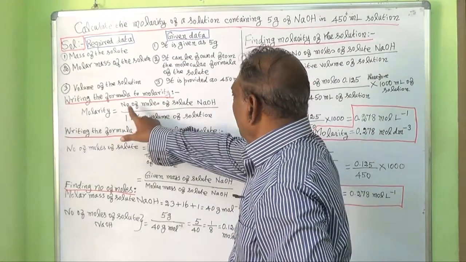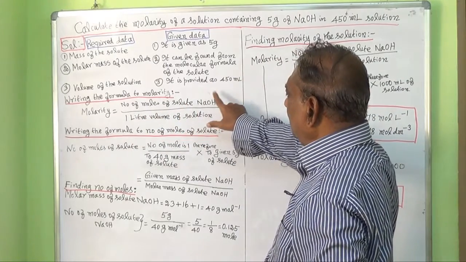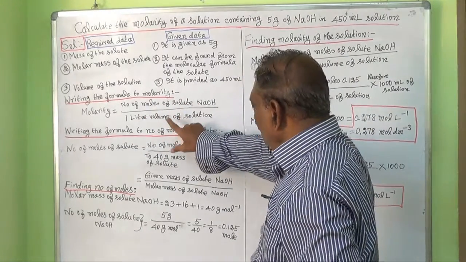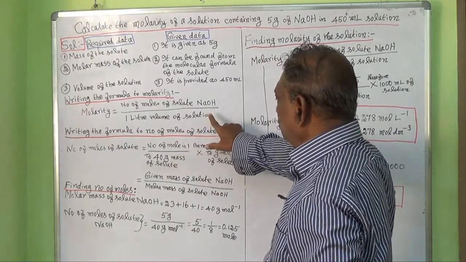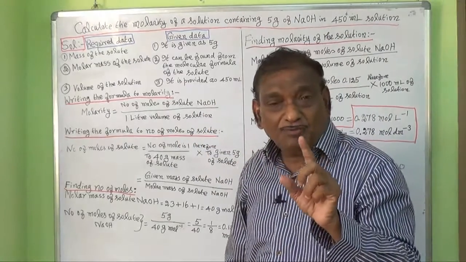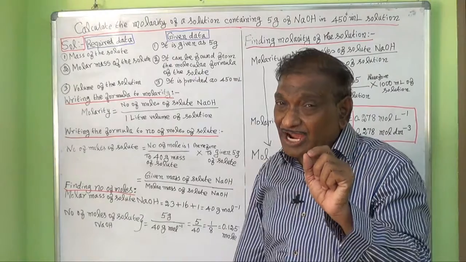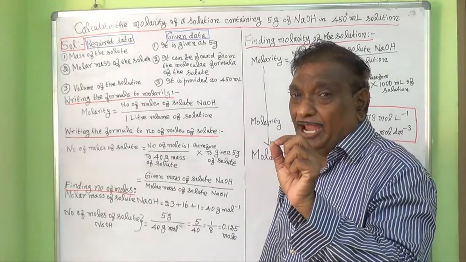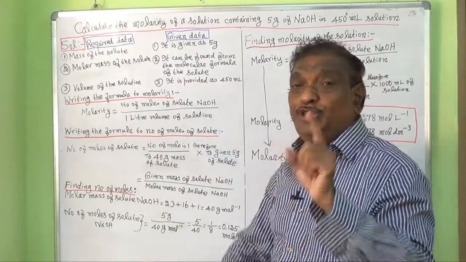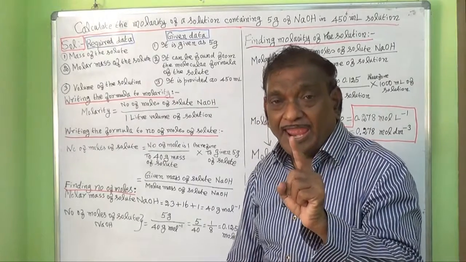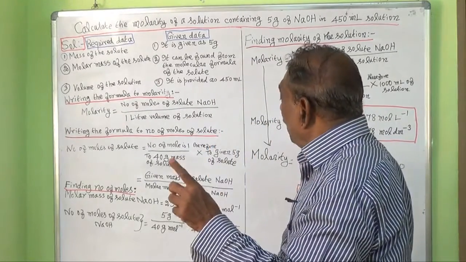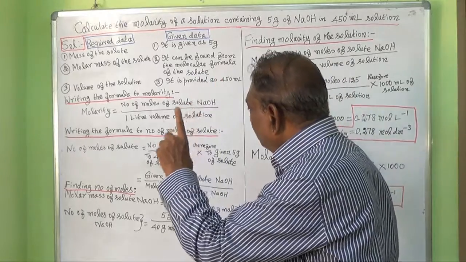Molarity equals number of moles of solute sodium hydroxide by 1 liter volume of the solution. On seeing the formula, we understand that if we know the number of moles of solute sodium hydroxide, we can find the molarity of the solution.